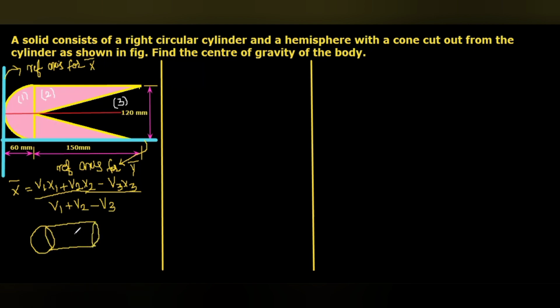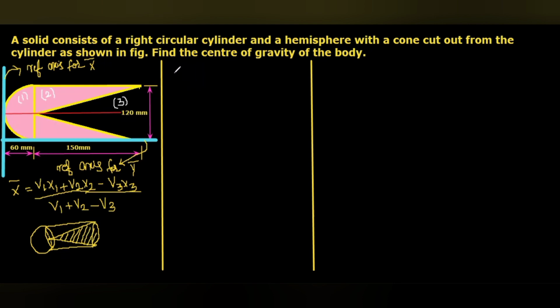Hemisphere and cylinder joined, and this is the common face. From this, a cone has to be removed. This is the cone that is going to be removed from this. I'm going to hatch the cone. That portion only is going to be removed. Do you understand? Hemisphere, cylinder, then the cone has to be removed.